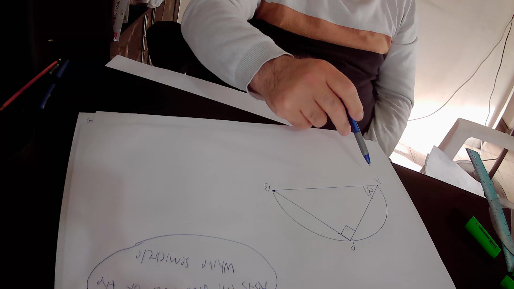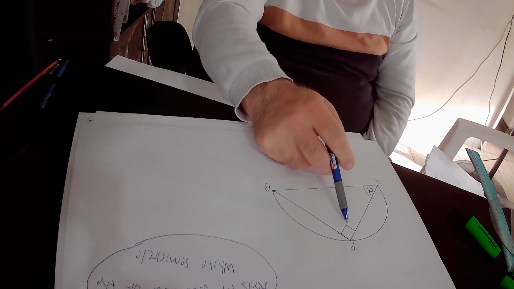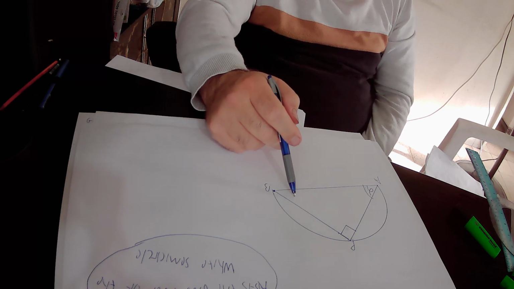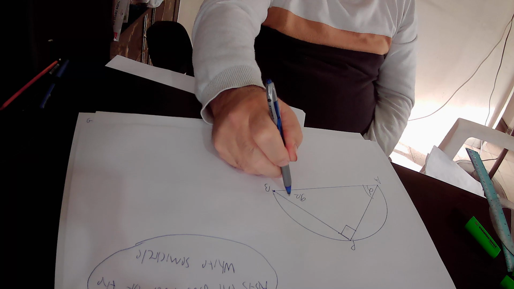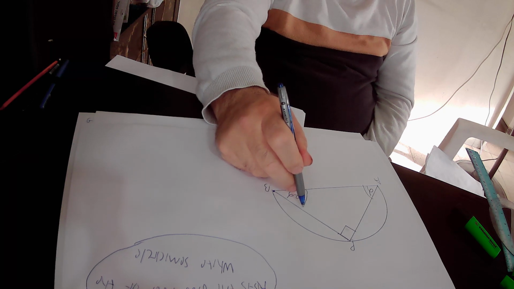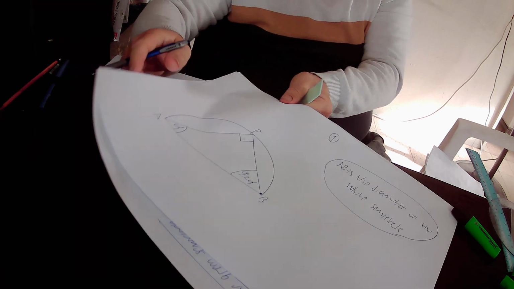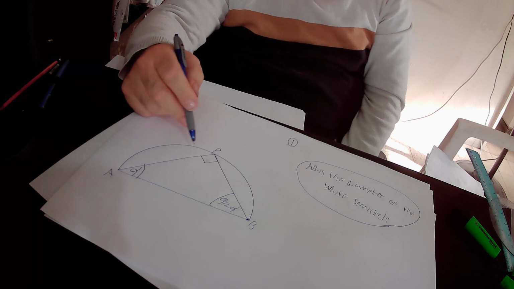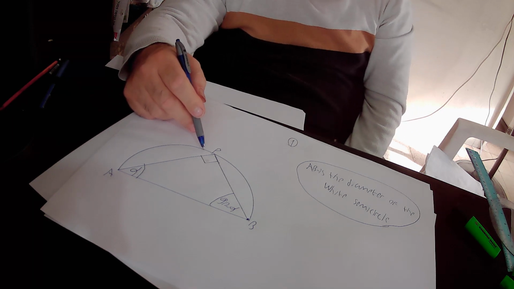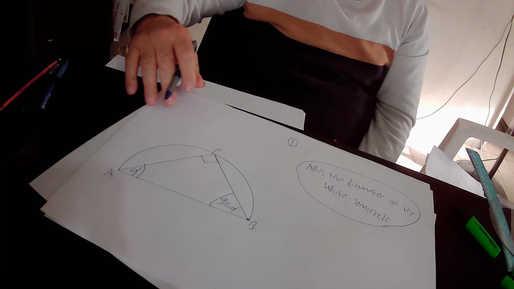So in the right triangle APB, this angle equals alpha, this angle equals 90 degrees. Therefore, this third missing angle must be equal to 90 degrees minus alpha. Why? Because 90 degrees minus alpha plus alpha is 90 degrees, and 90 degrees plus 90 degrees equals 180 degrees. That is the sum of the angles in a triangle.